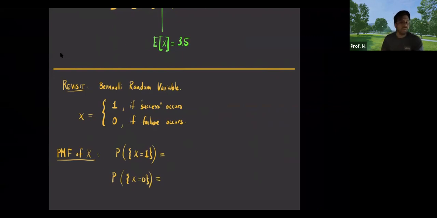We just gave it a little p, and p was a number between 0 and 1. So we gave the probability of having success a p-value of between 0 and 1. So if my probability of having a success is p, then my probability of having a failure is 1 minus p.